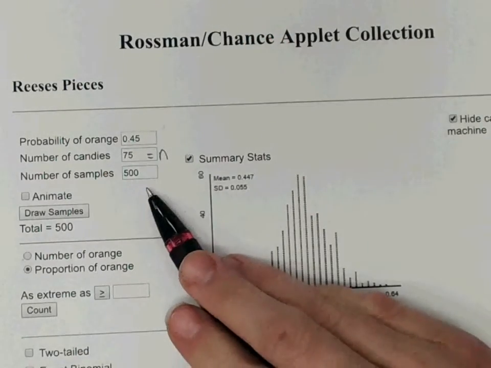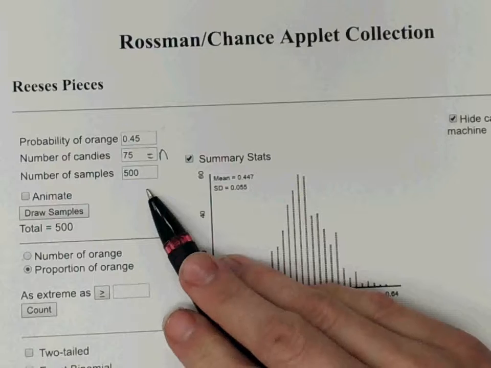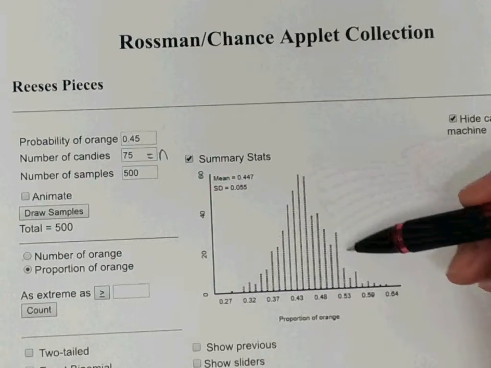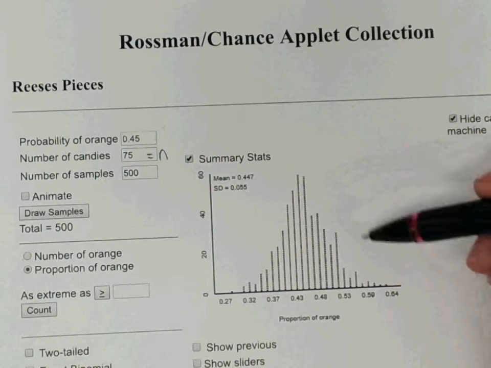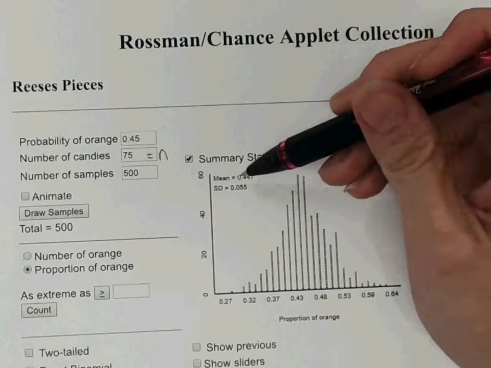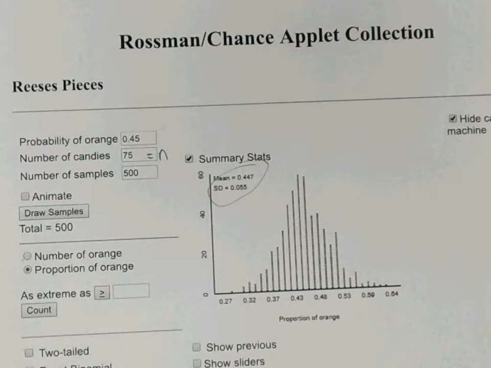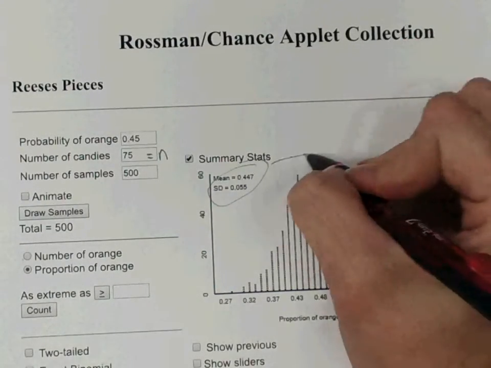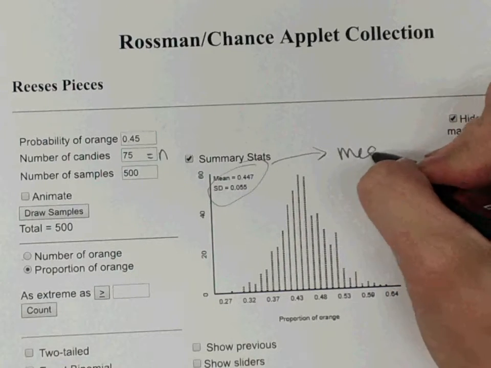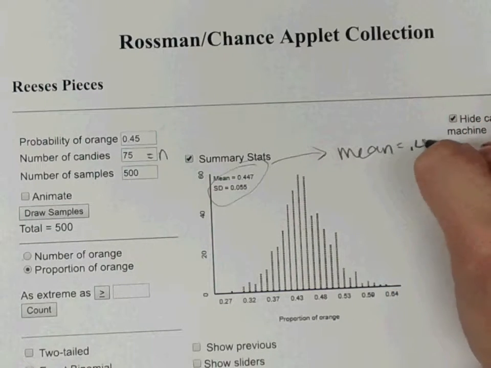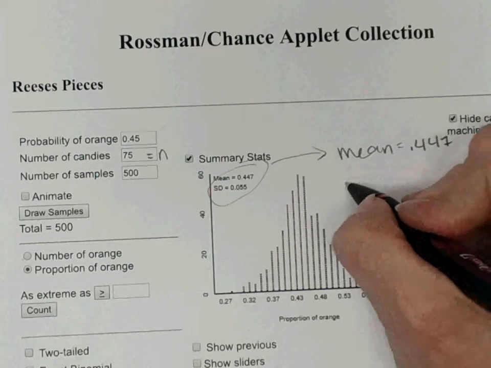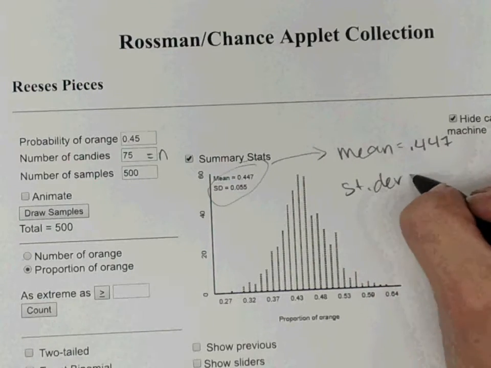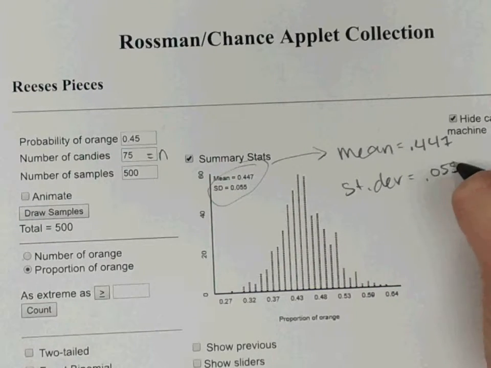And I drew 500 samples. And my shape looks pretty darn similar, right? And then my mean and standard deviation. Notice what has changed here. My mean this time is 0.447, and my standard deviation is 0.055.